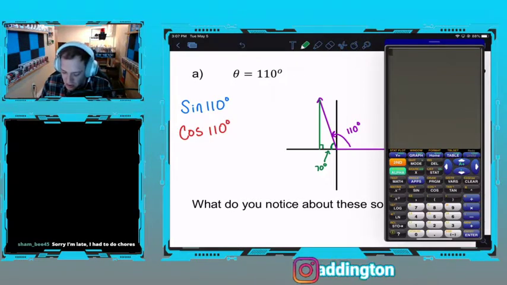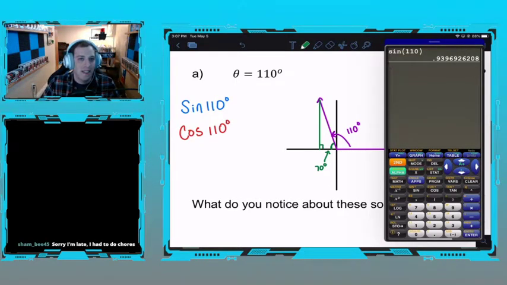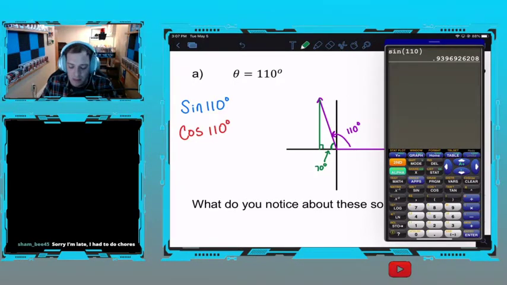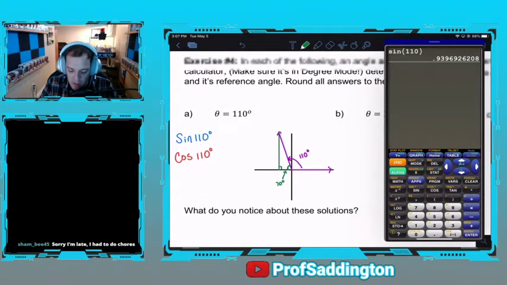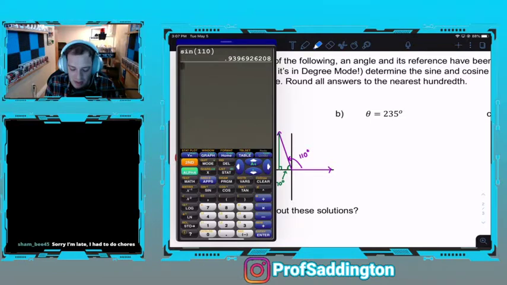Now I can just type into my calculator sine of 110 parenthesis. Enter. As you guys can see, this answer does not come out pretty. And the reason why it's not coming out pretty is, for one, it tells us to round all answers to the nearest hundredth. So it's telling you it's not going to come out to be pretty.